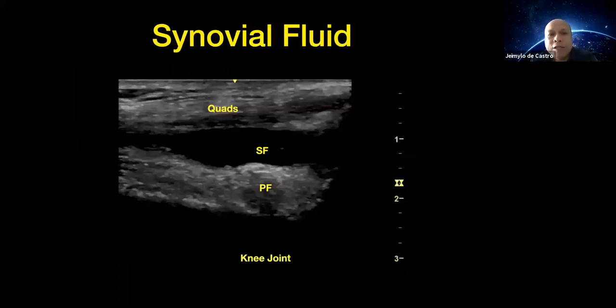Now, the synovial fluid example is this one. That's a suprapatellar part of the knee. As you can see here, it is between your quadriceps muscle and your prefemoral fat pad, and it is usually anechoic, and this is an extension of the knee fluid. So you can see here to be really, really black.